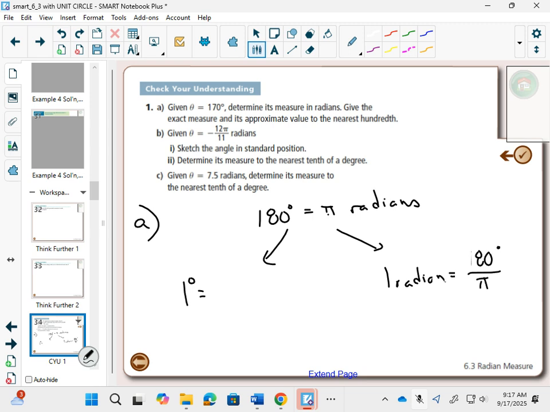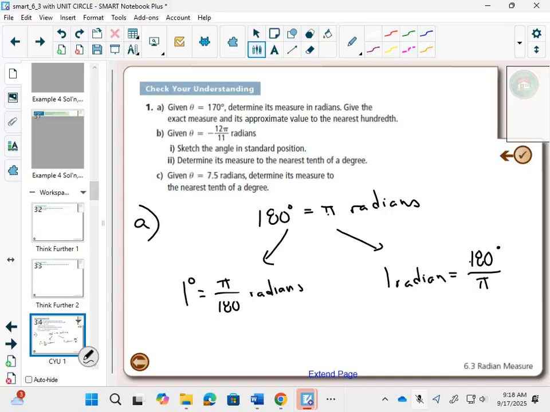So 1 radian is 180 degrees over pi. If I want to find 1 degree, I would have to divide both sides by 180. So 1 degree is pi over 180 radians.